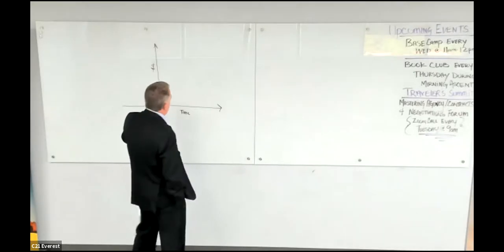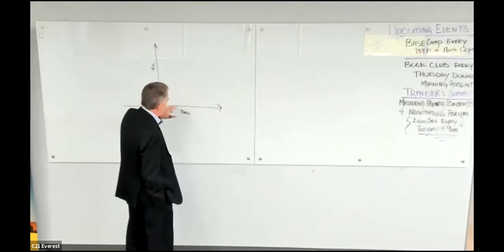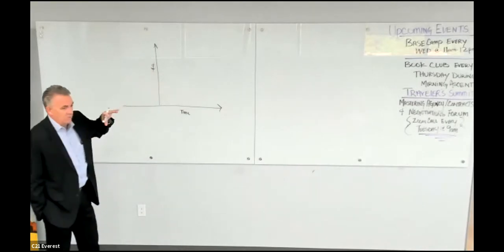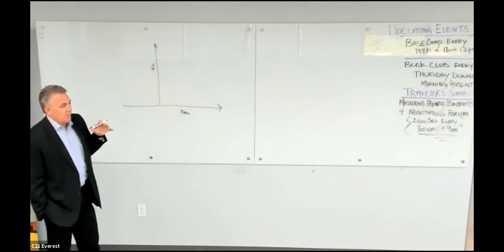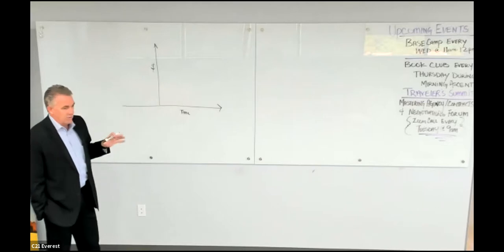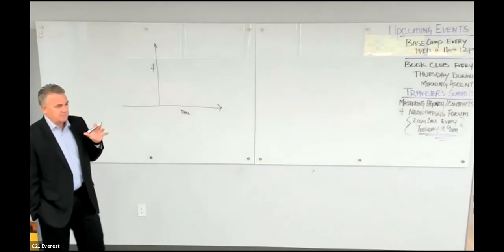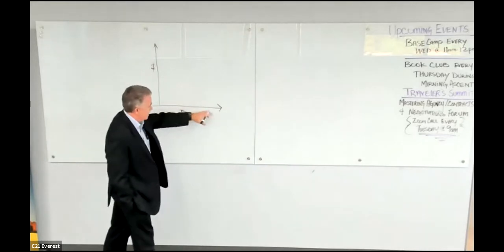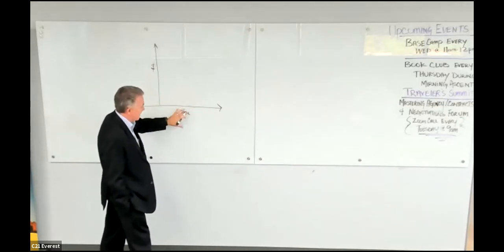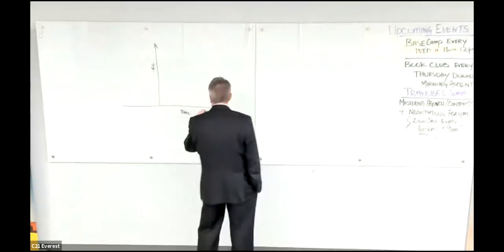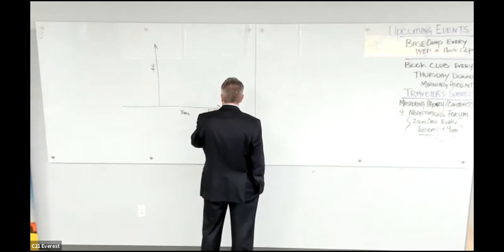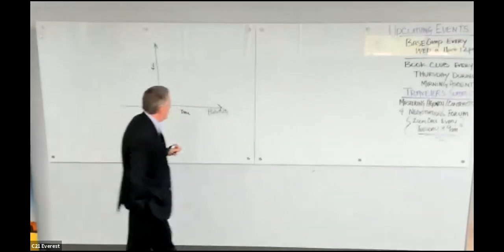Now, think of this line as being time. This one is the amount of money that you're going to make. But I'm going to call these things a little different, because anything you do on this axis represents time, but it also represents productivity.